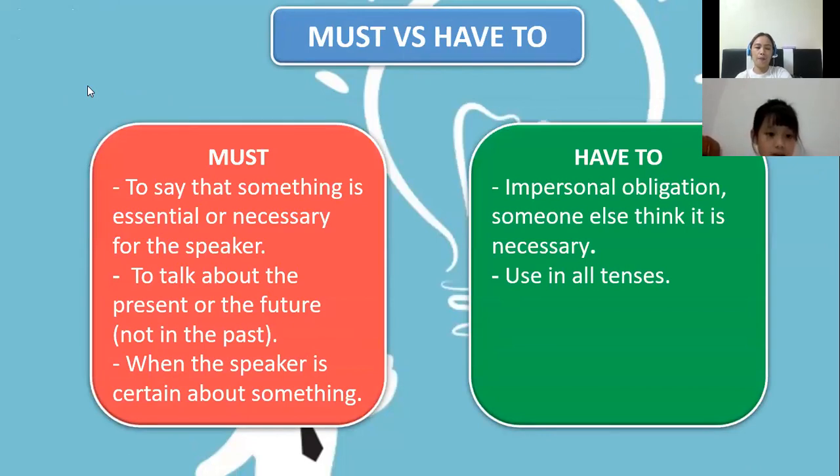Must is to say that something is essential or necessary for the speaker, to talk about the present or the future, not in the past, when the speaker is certain about something.